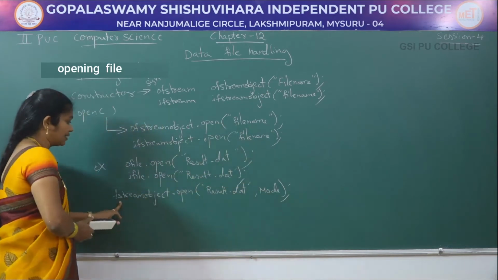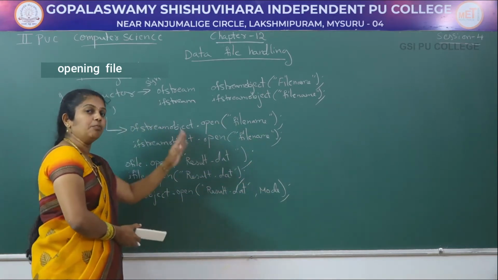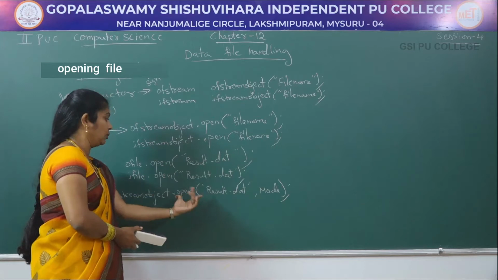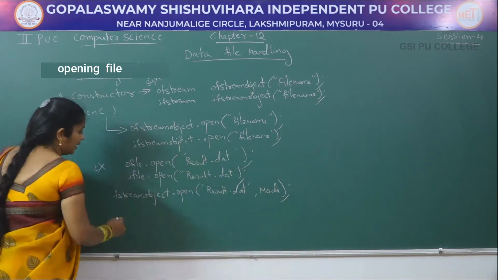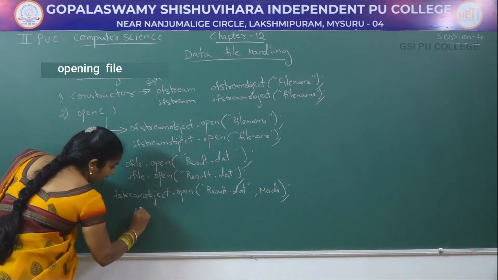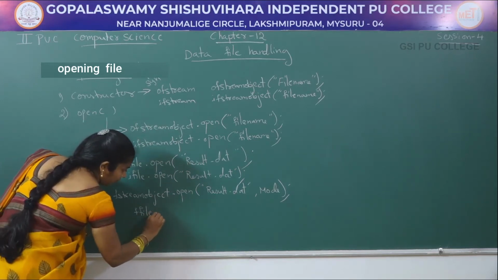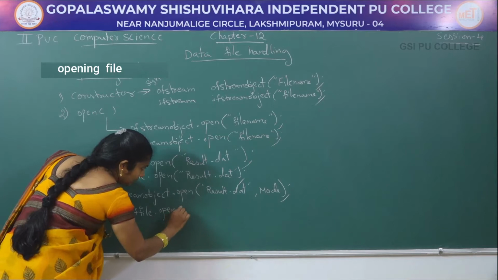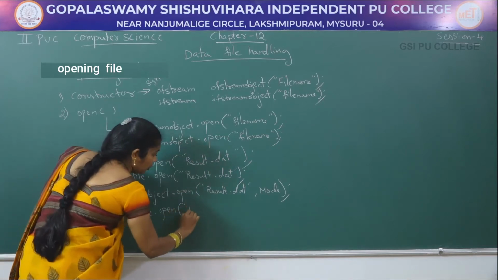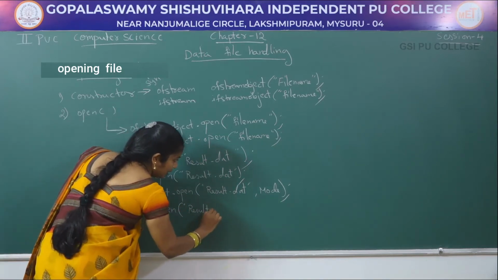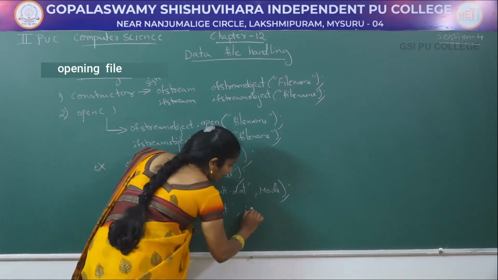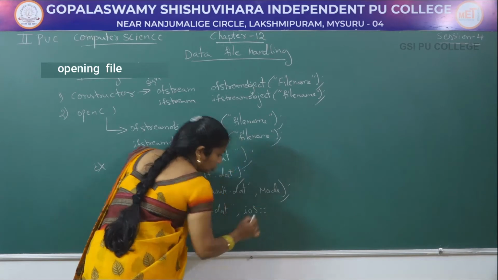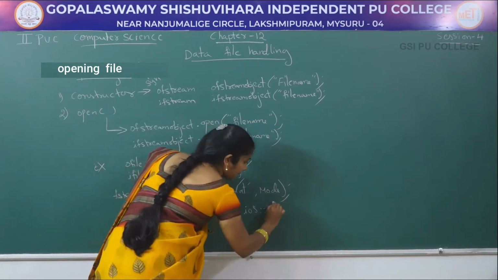If we use the F stream object, we can open the file for both input as well as output purpose. Here, for example, ffile dot open, and inside the double quotes I write result dot dat. Here ios scope resolution operator in.